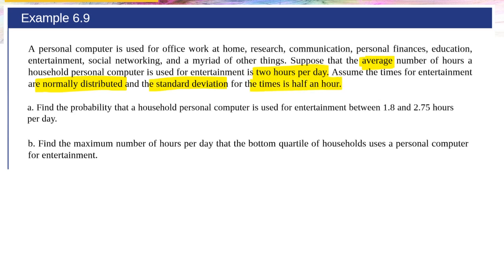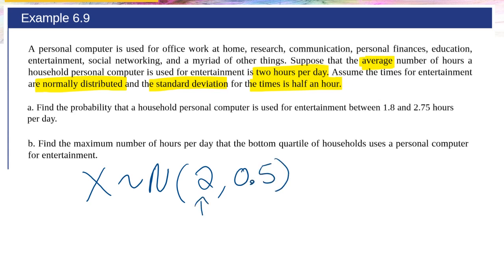So basically, if X were the number of hours someone is using their computer for entertainment, we've just been told that X is normally distributed with mean 2 hours per day and standard deviation half an hour, 0.5. So this is mu or mean, and this is standard deviation or sigma.